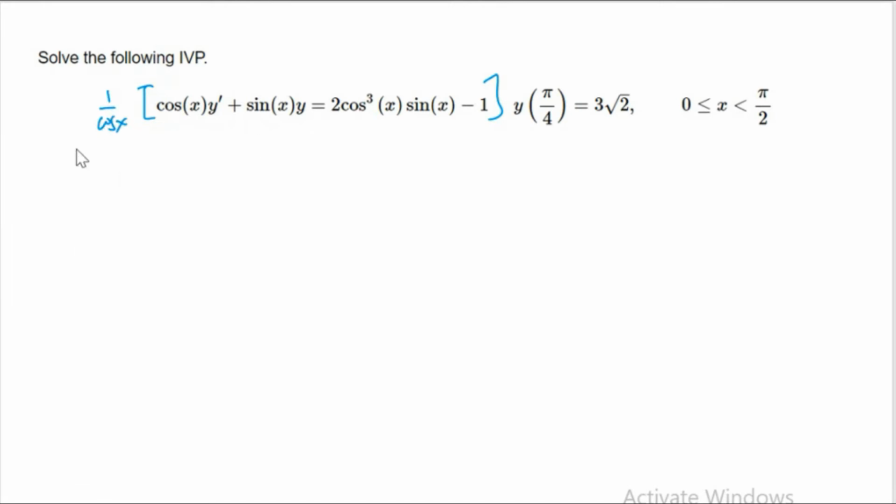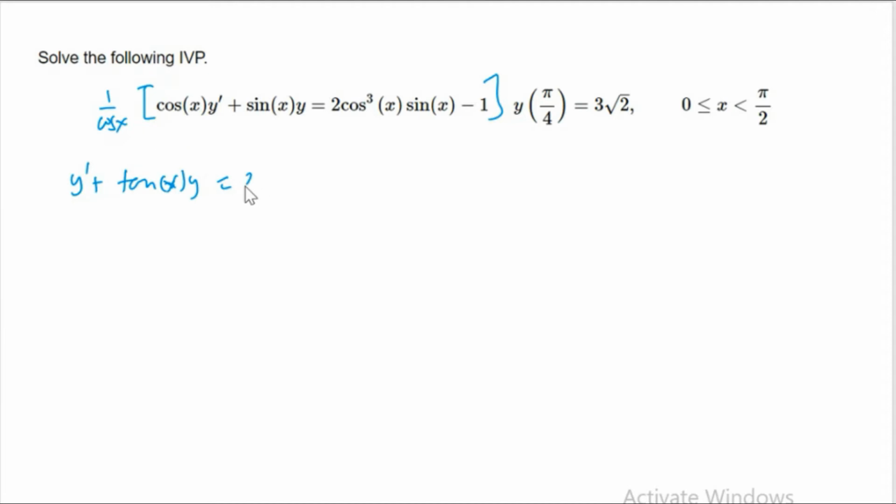By the distributive property, we have y prime plus sine x over cosine x times y, which is tangent of x times y, is equal to 2 cosine cube x sine x divided by cosine x.